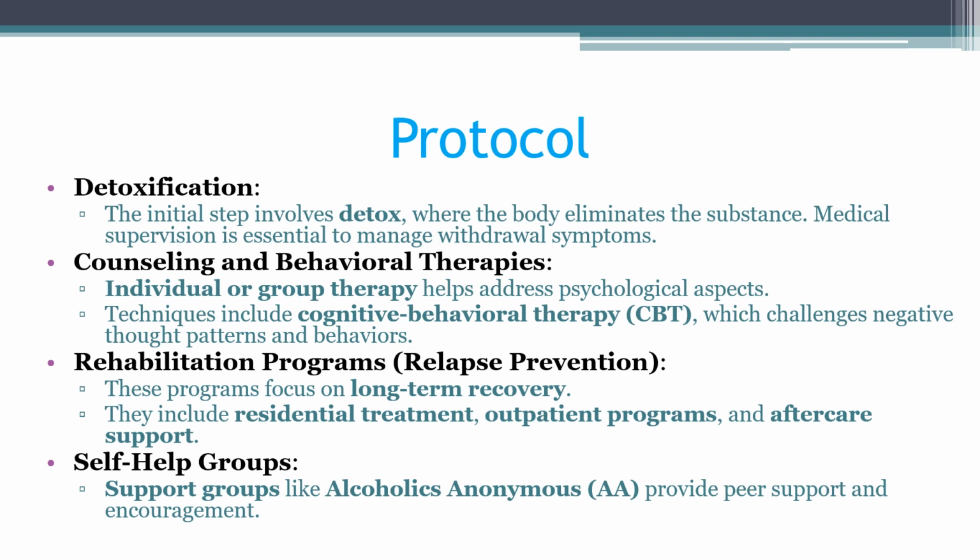Further counseling and behavior therapy are used to combat the various psychosocial aspects and for relapse prevention. A rehabilitation program can be employed, and self-help groups are also helpful, like Alcoholics Anonymous, which provides peer support and encouragement.